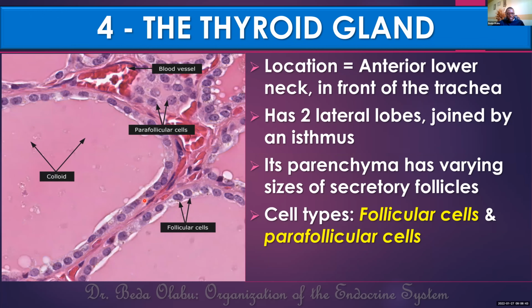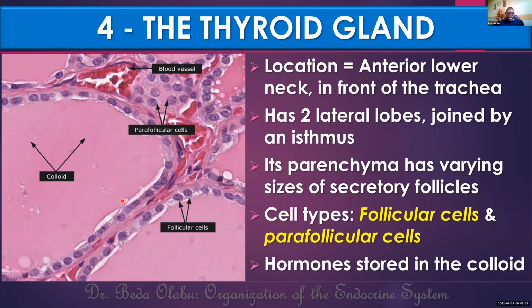But between the follicles, we have other cells, which we call parafollicular cells. So the parenchymal cell types are the follicular and parafollicular cells. These are the cells which secrete hormones. The thyroid hormones themselves are stored within the colloid. Colloid material contains thyroglobulin, which is the storage form of thyroid hormones.